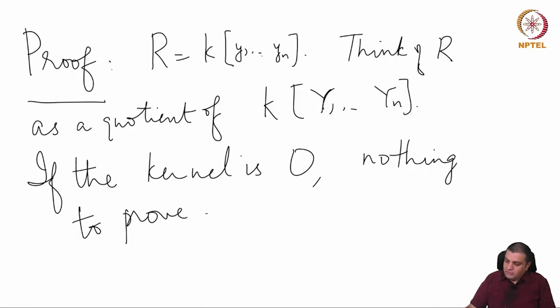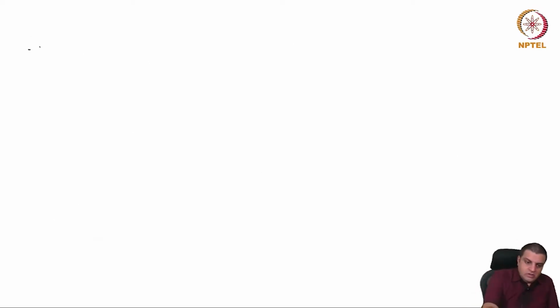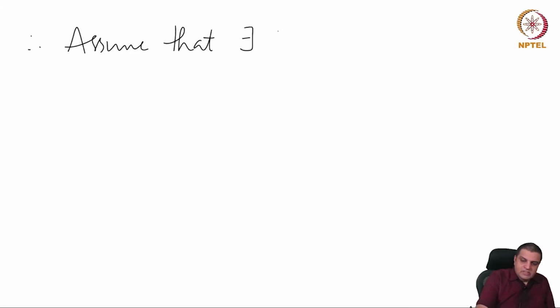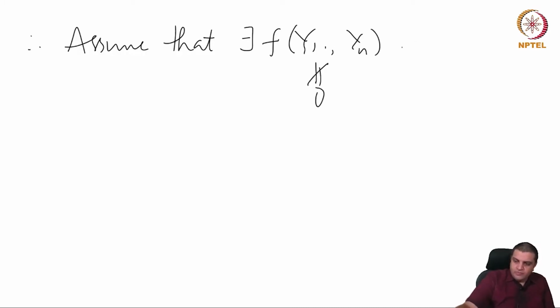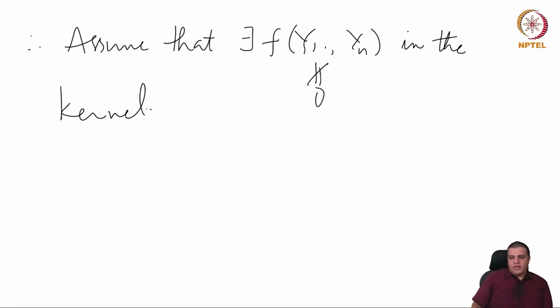So then therefore assume that there exists some polynomial f in the variables y1 through yn in the kernel, a non-zero polynomial. Okay. So the idea is again to change coordinates so that f takes the form of a monic polynomial, and that would introduce a relation of little yn over some combination of the earlier ones, not necessarily the earlier y's.